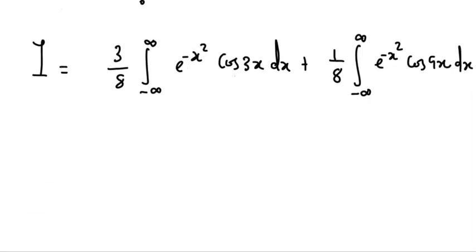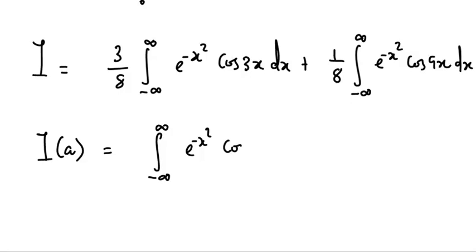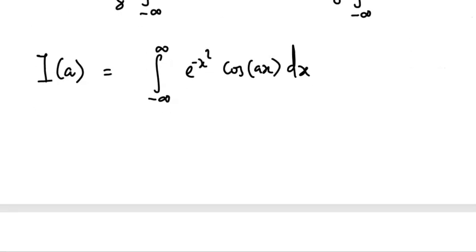This is nice. So now let's say we have the following function with parameter a: I of a is equal to the integral from negative infinity to positive infinity of e to the negative x squared cosine of ax dx. But before that, let us recall something really nice.